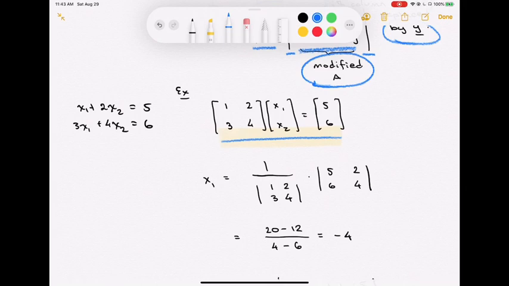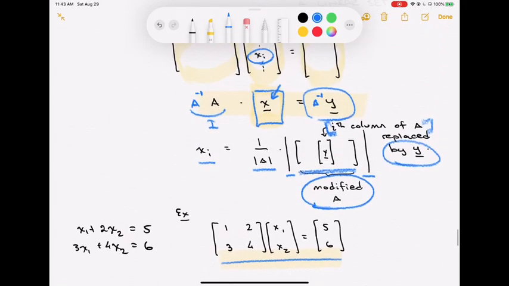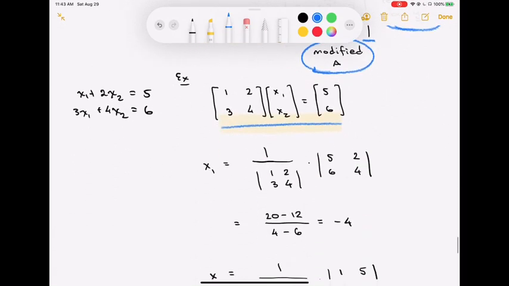I want to find x1 first, and so if you go back here and look at what I need for x1, I'm going to take 1 over the determinant of A, that's always the same, and then I'm going to augment that matrix A by replacing the first column because I'm looking for x1. First column is going to be changed by using that observation vector y. So let's see if we can do that. A was 1, 2, 3, 4, so I'm going to need the determinant of A and divide that.